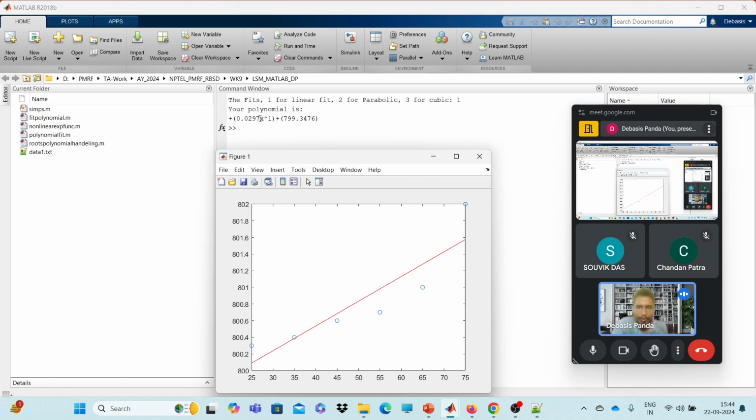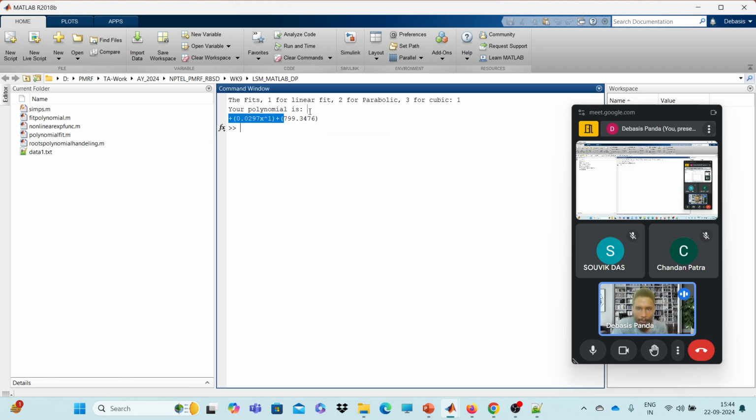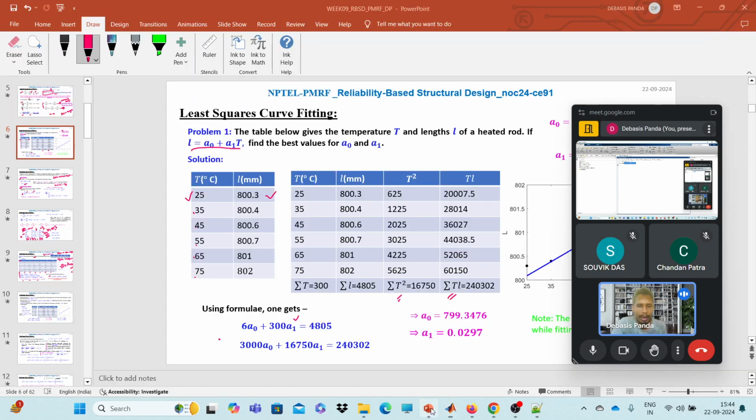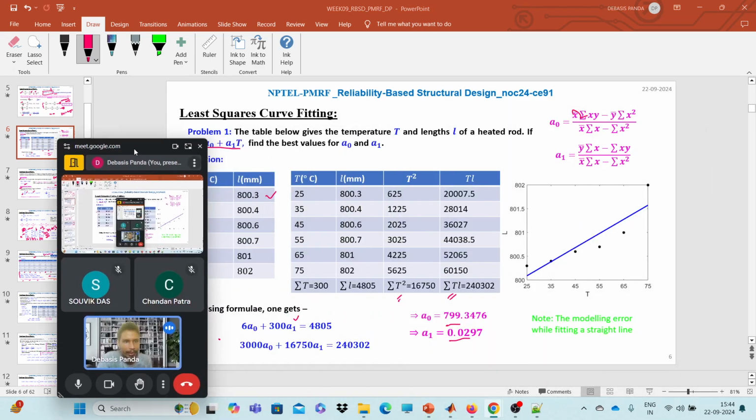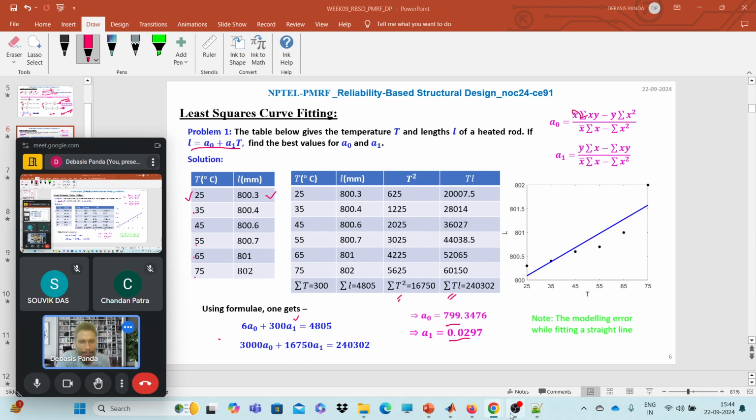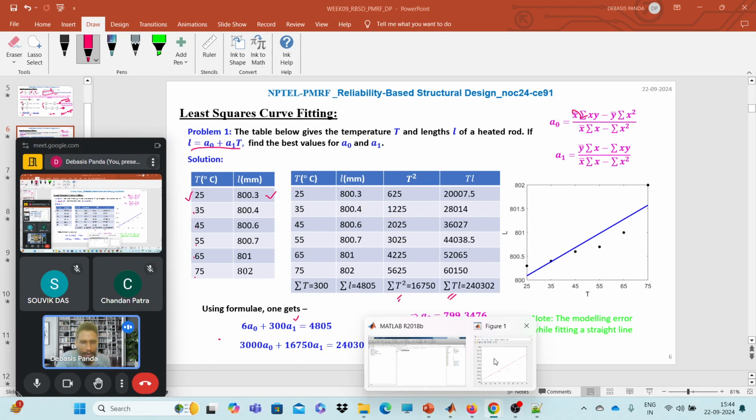This one is your a naught, 799.3, and this is your a1. Precisely, a naught comes as 799.34, and a1 comes as this. And if you look at the fit, you can see we have a similar kind of fit.